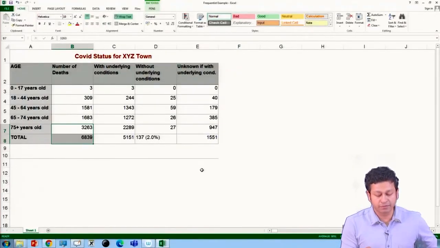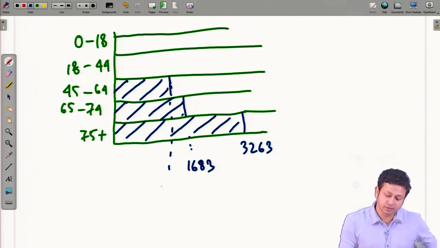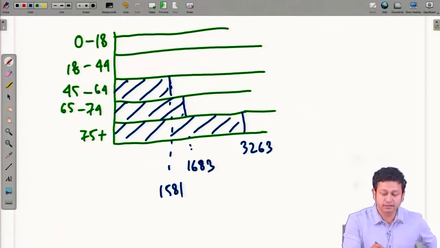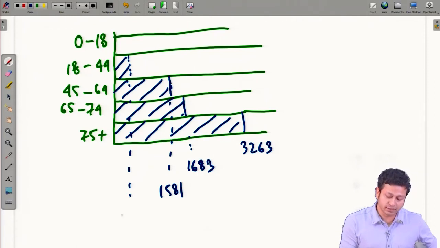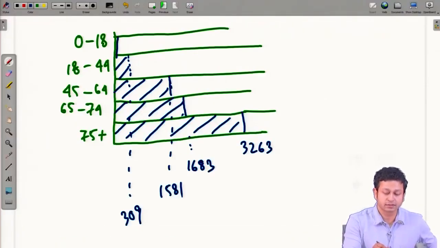For the one above we have 1581, so let us say this is the 1581 group. The one above we have 309, it is just somewhere here. The one above we have only 3, okay.